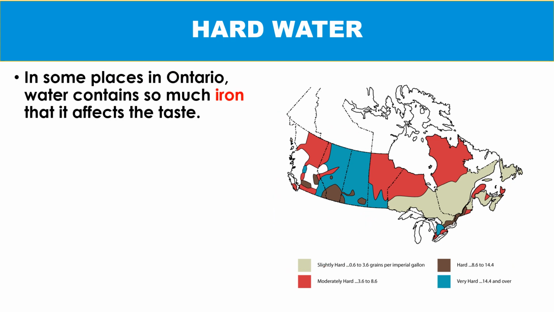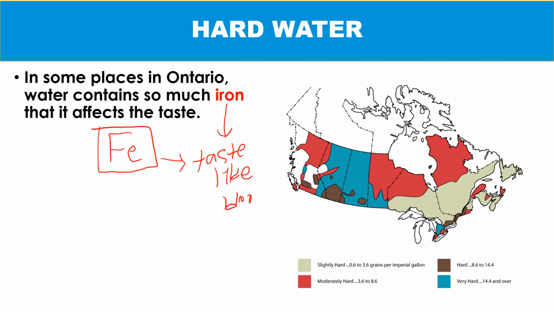In some places in Ontario, water contains so much iron that it affects the taste. Regarding this, you need to understand iron, whose chemical symbol is Fe. Funny thing about iron is it tastes like blood.